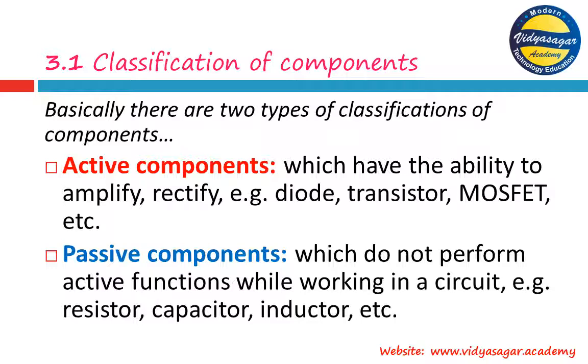For example, diode, transistor, MOSFET, etc. are very good examples of active components. Passive components do not perform active functions while working in the circuit. For example, resistor, capacitor, inductor, etc. So broadly they are classified under only these two categories, active and passive components.